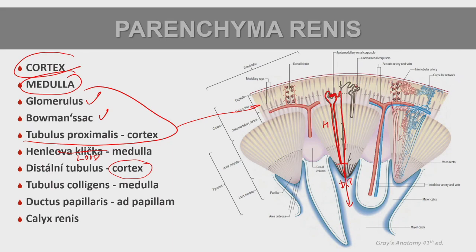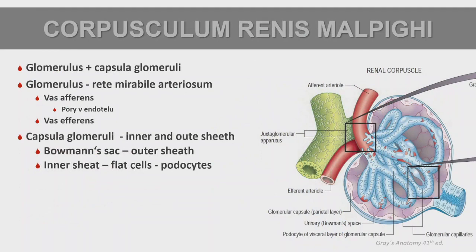So this is a very, very complicated structure, and the first point where the urine is created is the corpusculum renis Malpighi. This corpusculum mirabile, as it was described by Malpighi, contains this structure, which is a very complicated knot of vascular structures.